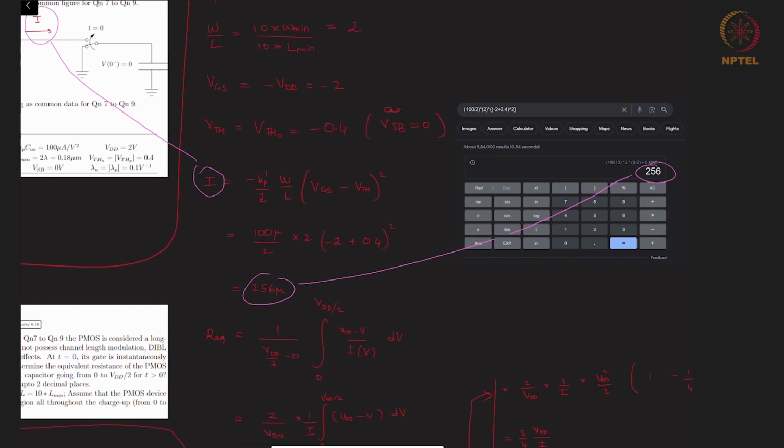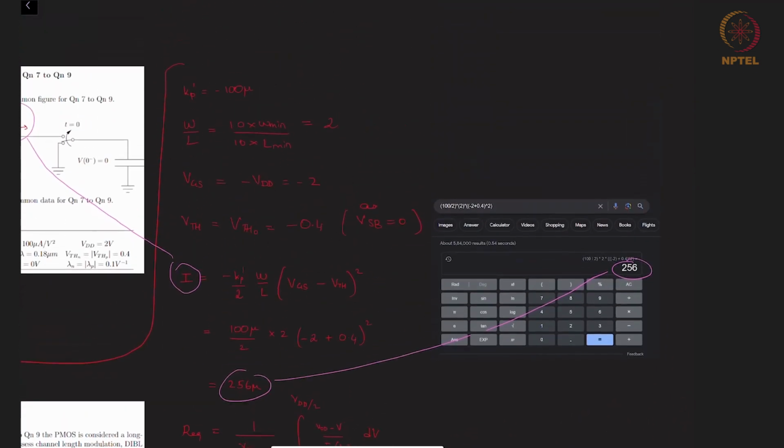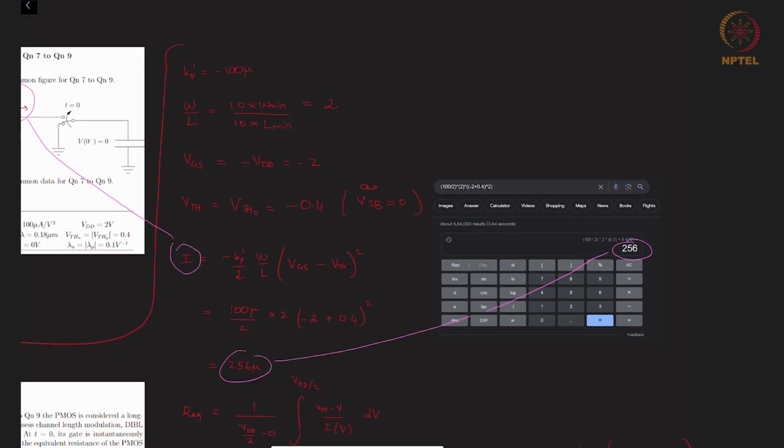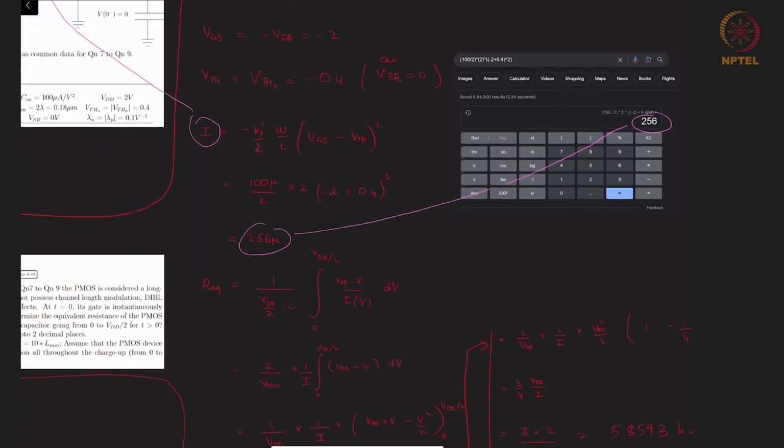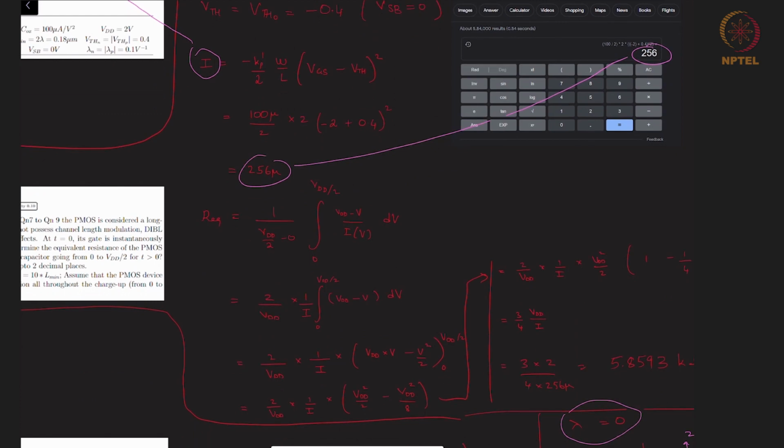The derivation for that is given over here. First we have a region assumption, so therefore we can get the current value, which comes out to be 256 microamps. Then the equivalent resistance: you have I flowing like this, and then you have VSD like that.